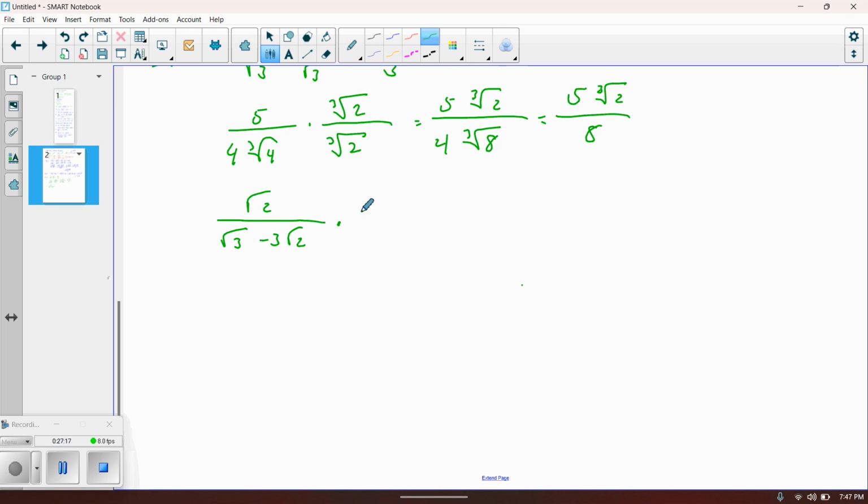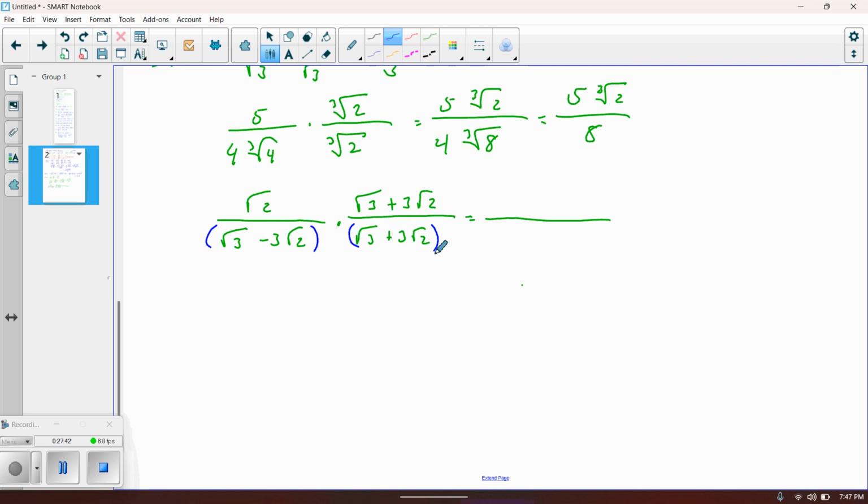So I'm going to multiply the numerator and the denominator by the square root of 3 plus 3 square root of 2. And let's see what happens in the denominator first, just so you have an idea. If you were to FOIL these, again, we'll pretend like these things are in parentheses. Technically they are, we just don't usually write them.